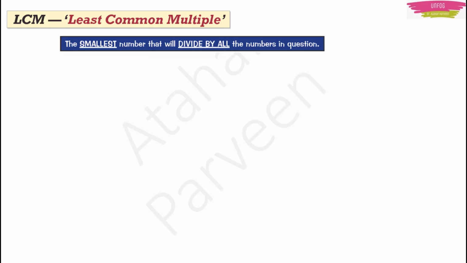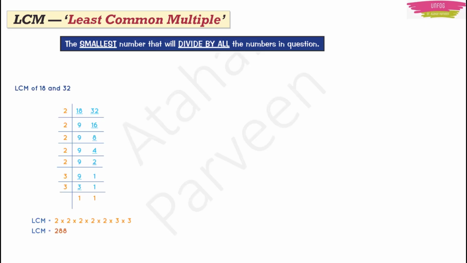Now in multiples, we can have a least common multiple. What is the least common multiple? It is the smallest number that will be divisible by all the numbers which are given. For example, if you have to find the least common multiple or LCM of 18 and 32, you write this L and then you start dividing, right? You first see that it's an even number, so you start with 2.